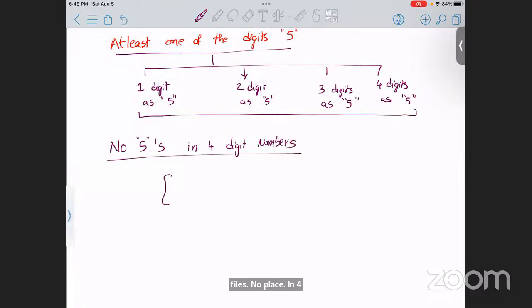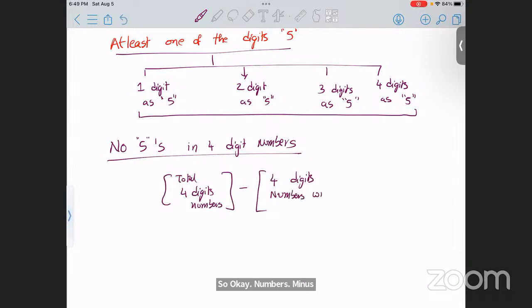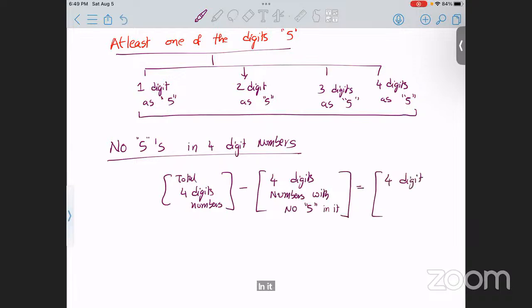So total 4-digit numbers minus 4-digit numbers with no 5 in it is equal to 4-digit numbers with at least one 5. Agree? Yes, sir.